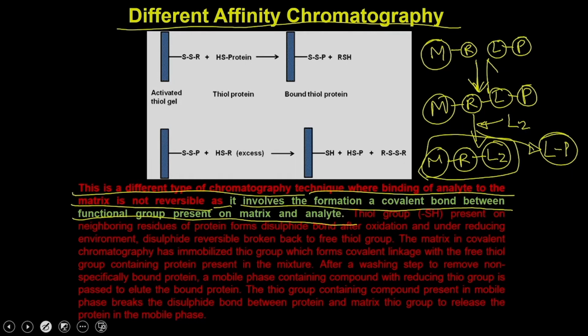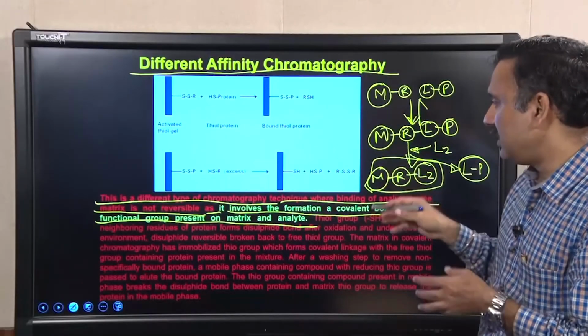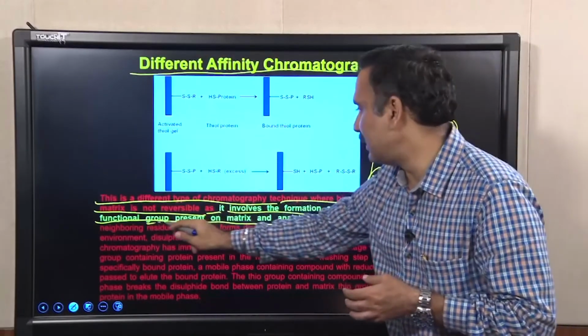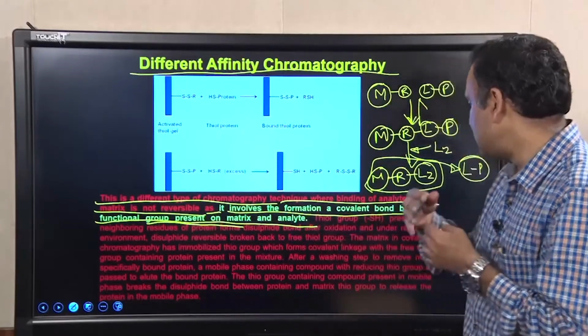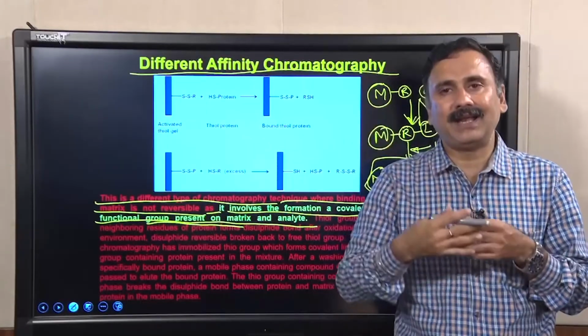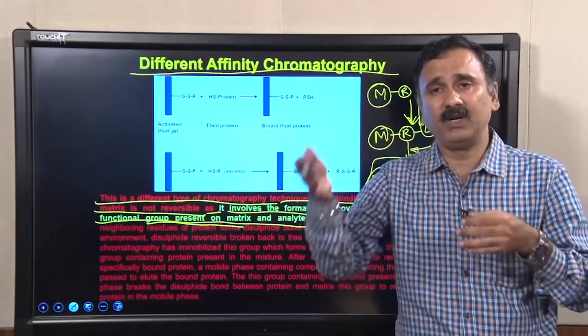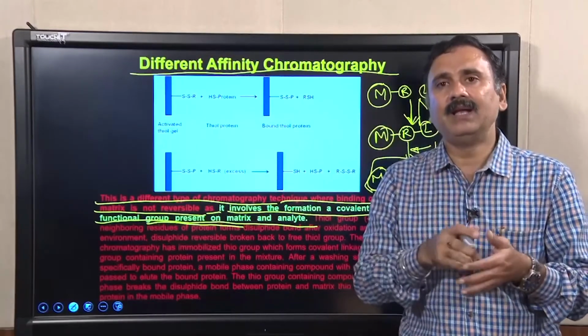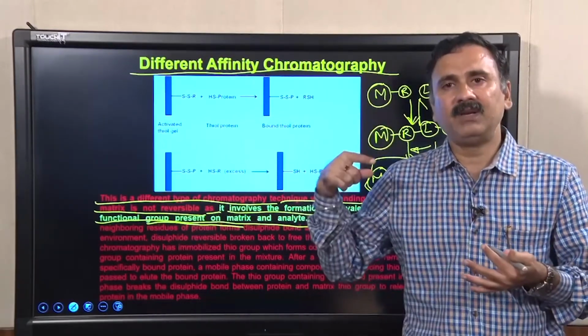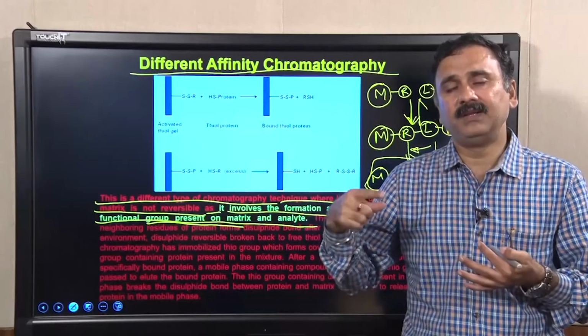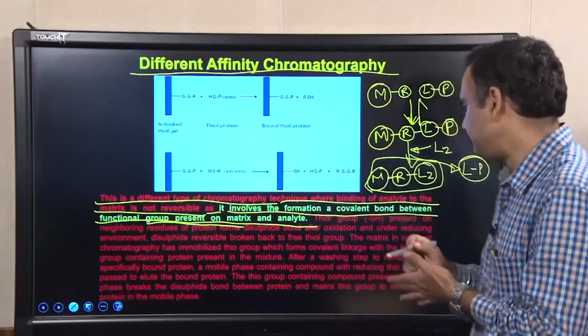whereas in this case, which is called covalent affinity chromatography, the functional group present on the matrix is going to bind the analyte, and there will be a covalent bond between them, and because of that this chromatography cannot be reused, because this is an irreversible bond.